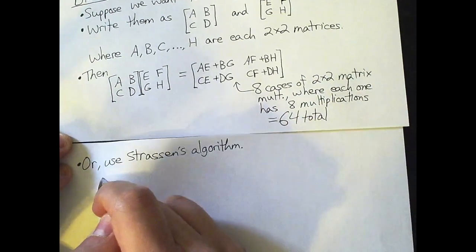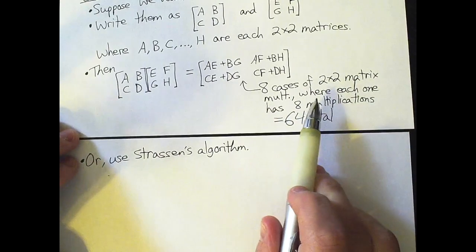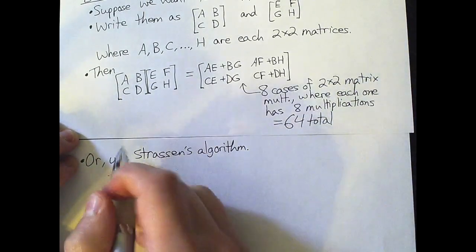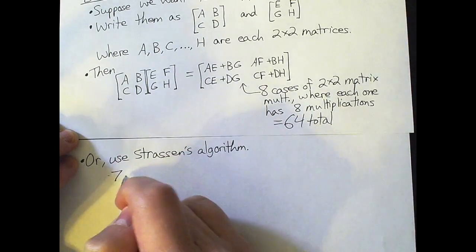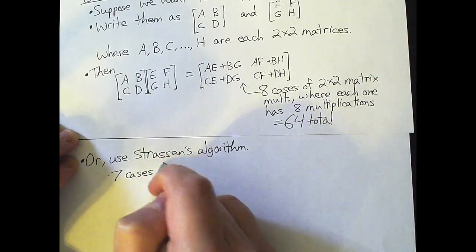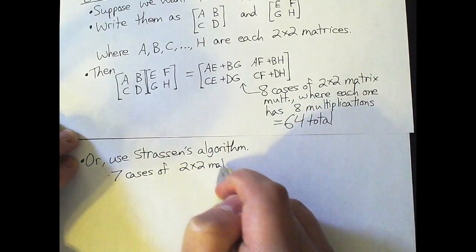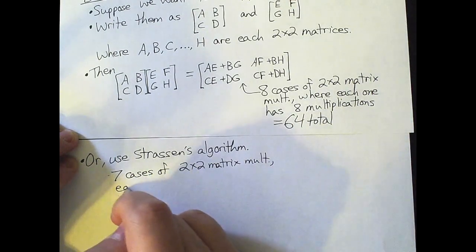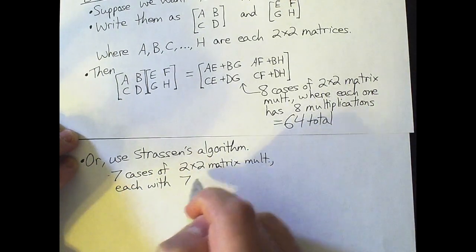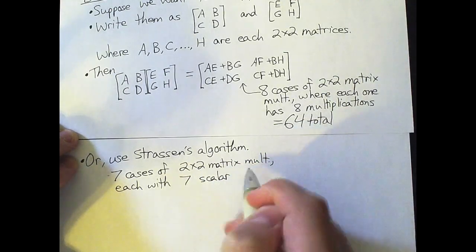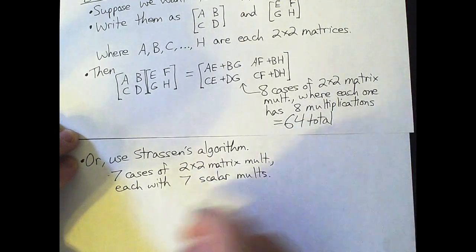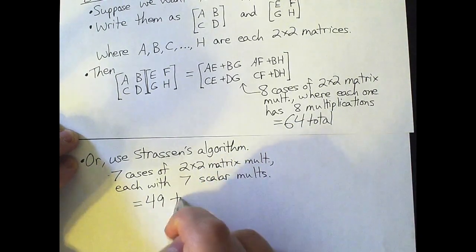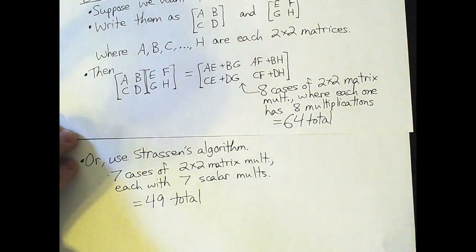In that case, instead of having 8 cases of 2 by 2 matrix multiplication, we have 7 cases of 2 by 2 matrix multiplication, each with 7 multiplications of scalars, for a total of 49. So it's like Strassen's algorithm nested inside Strassen's algorithm.